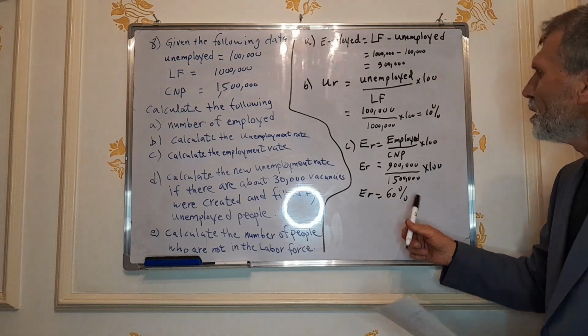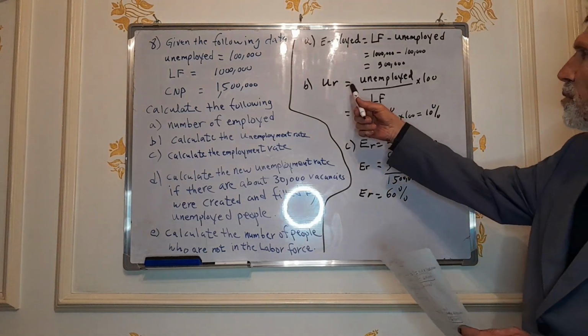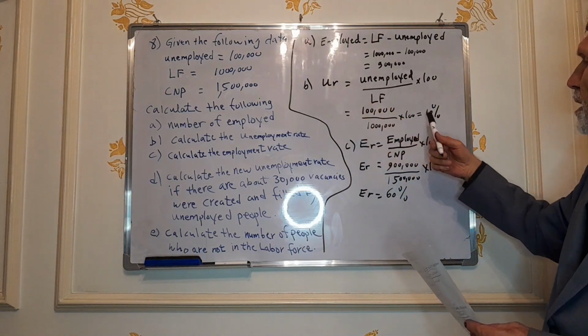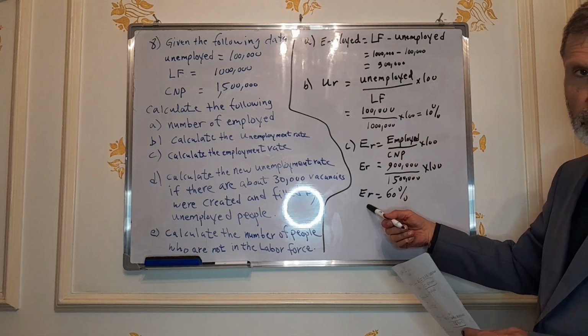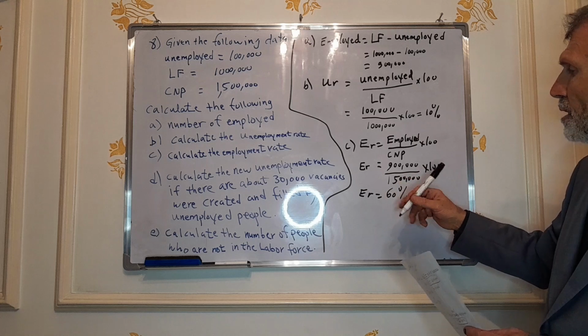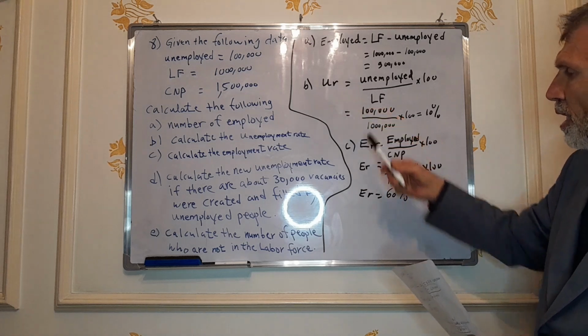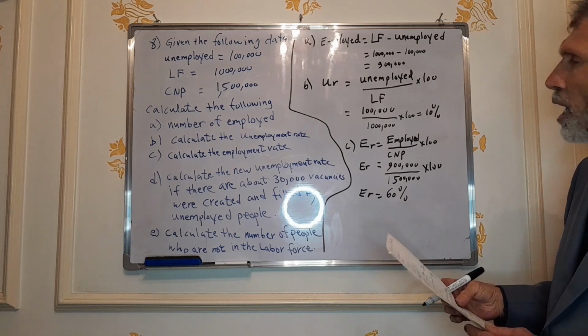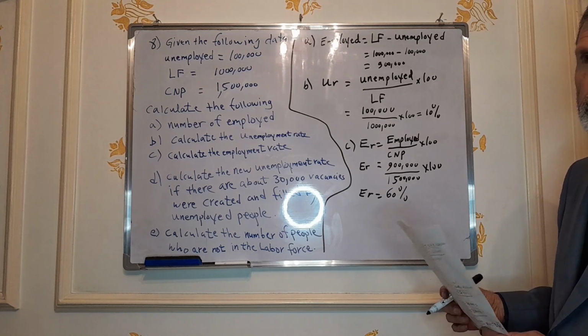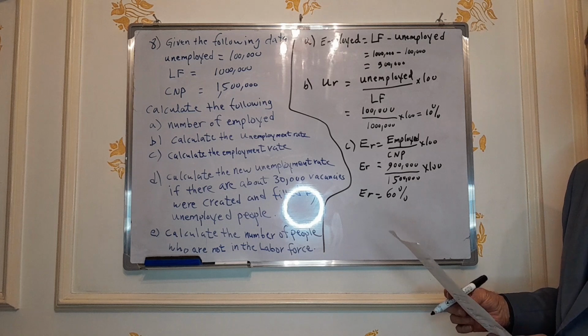As you can see here, the unemployment rate and the employment rate don't add up. That is, the sum of the unemployment rate and the employment rate does not equal 100. Why? Because both differ in the denominator.